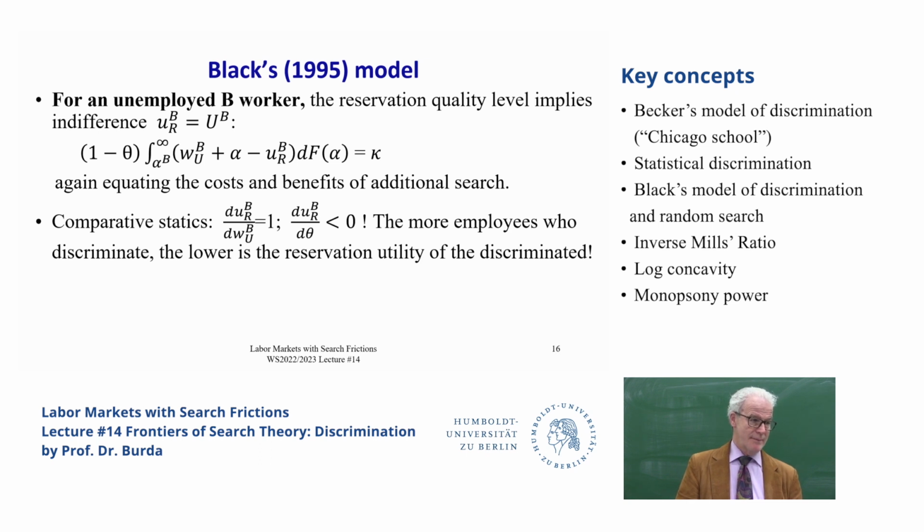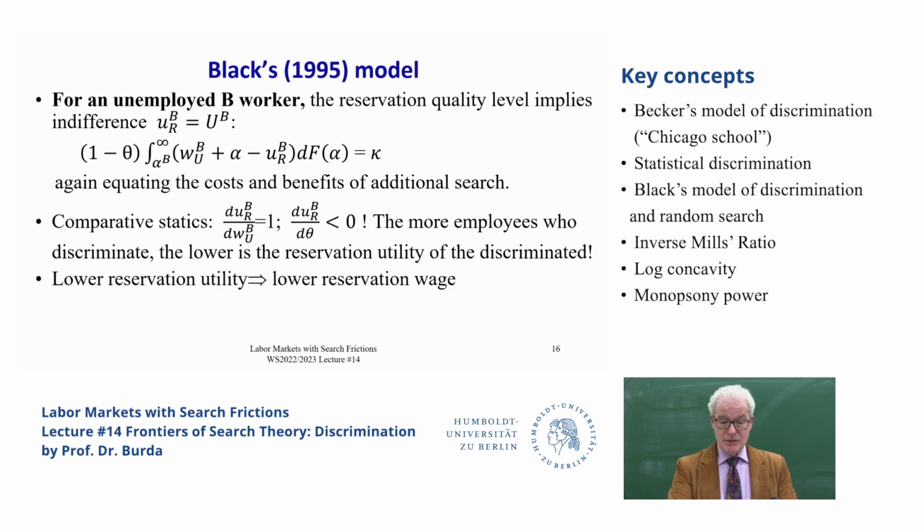Right? And the beauty of this model is all that willingness to accept comes from the utility that's not related to the wage. So you don't have to look at the wage distribution. You just post a wage for these people and say, look, they accepted it. I'm not discriminating against them. Okay, so that's the gist of this model.